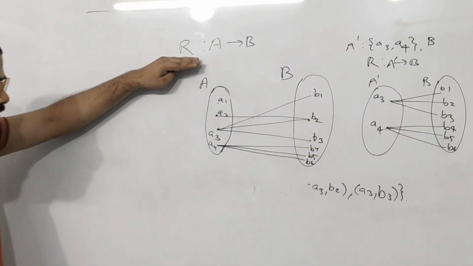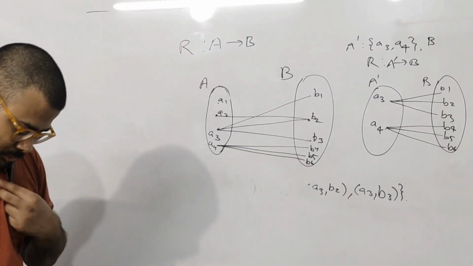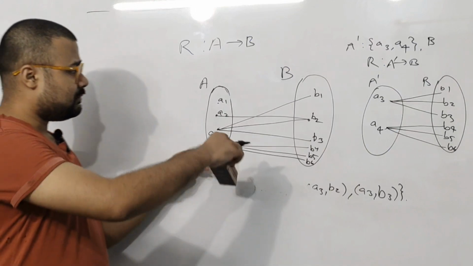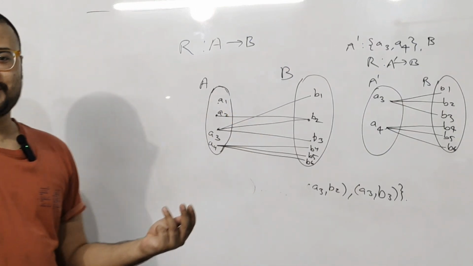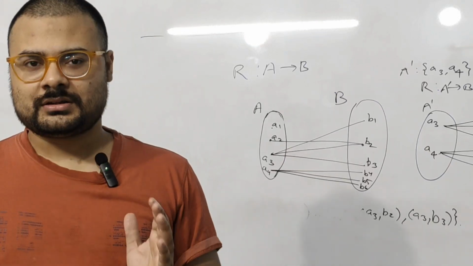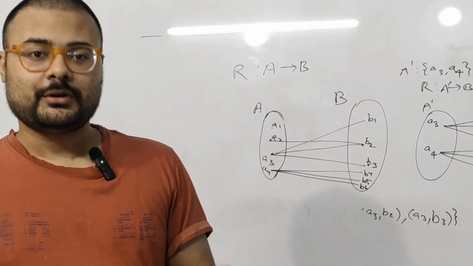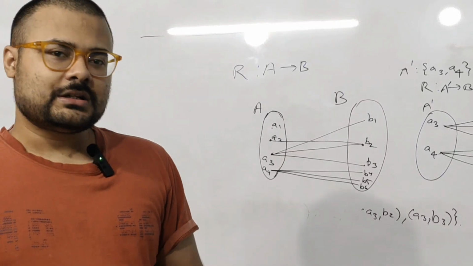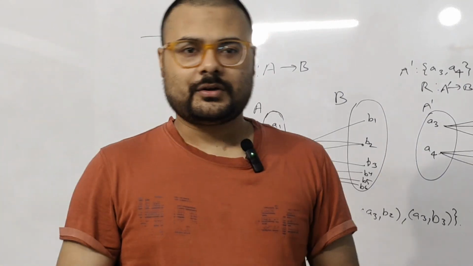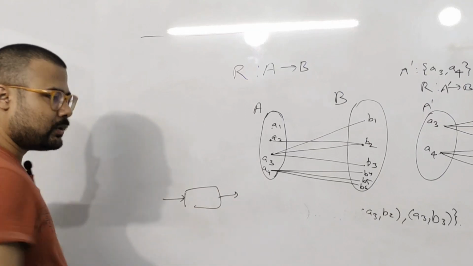But in a given relation, when you have many elements in A, let's say A1 to AN, and everything is going on at the same time, in calculus we specifically deal with functions. From the next video onwards we will see the value of a function and the limit of a function, because a function is uniquely mapped, and because of that, for a given input you get a particular output.